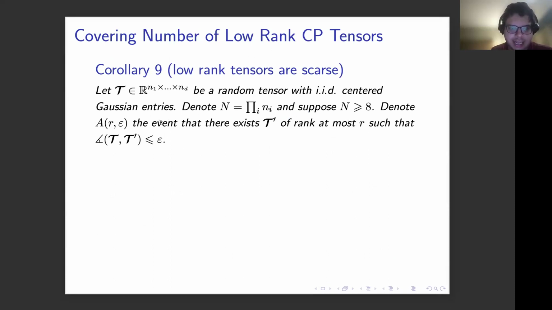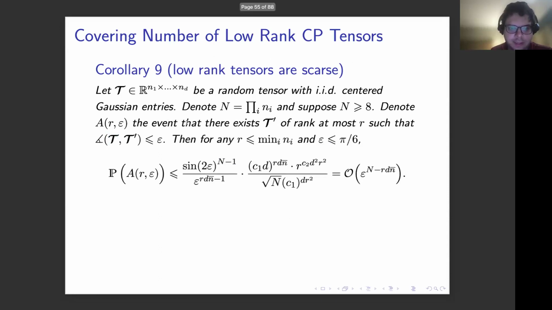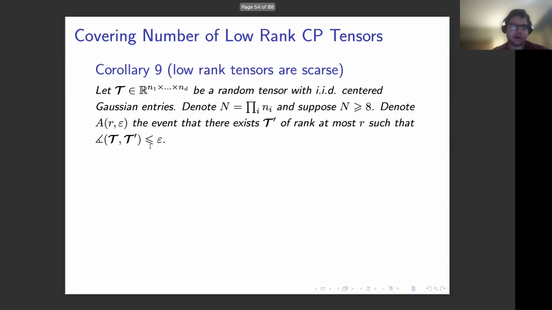And let A here be the event that there exists a tensor T prime of rank at most R whose angle is at most epsilon from our random guy T. So I want to know the probability that my random Gaussian tensor is within an angle of epsilon to a low rank tensor. We speak here about angles because CP rank is preserved under scaling. So angle is the natural distance here.